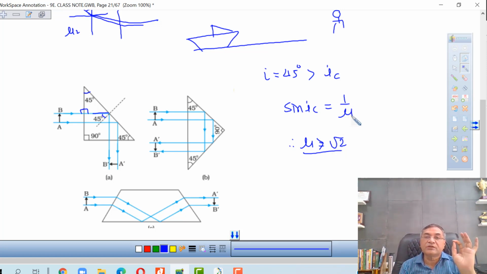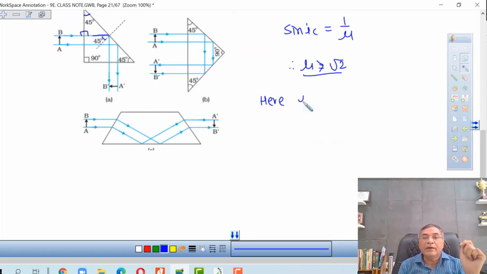If mu is more than √2, IC is a little less than 45, and the angle of incidence is 45. So here I must be greater than IC, and IC is almost 45 degree or less than that.